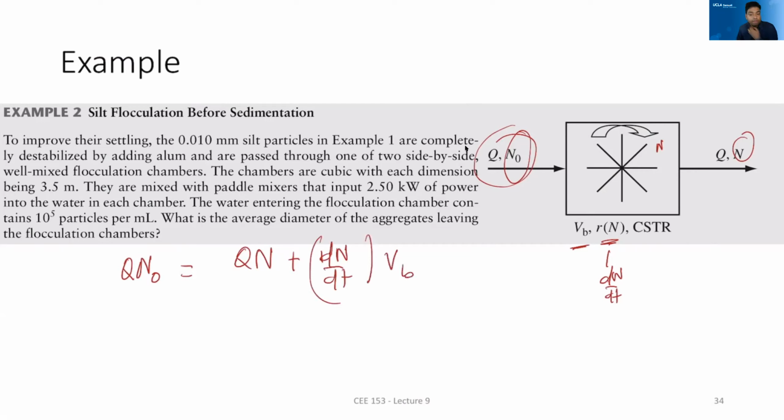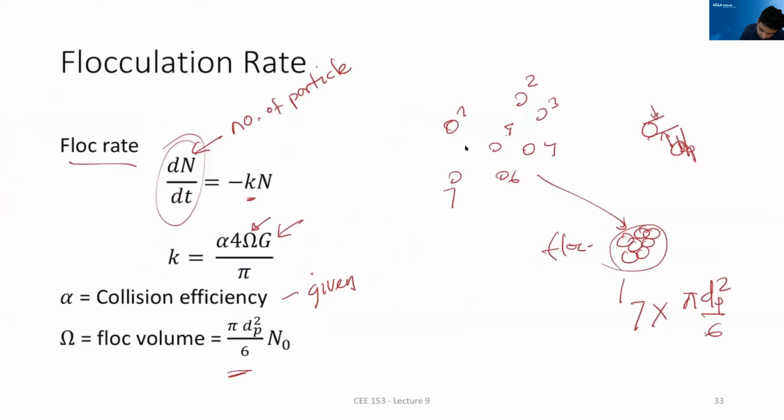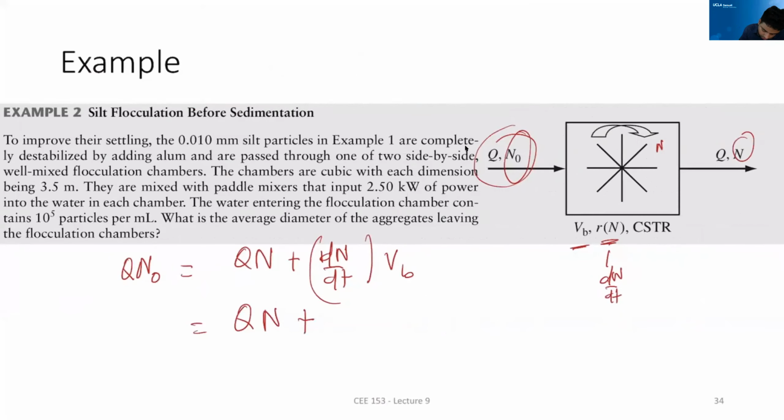Everything reacted plus everything leaving the system must be what's coming into the system. All you have to do is solve for N. This dN by dt is minus kN. Actually, there is a minus term here because it's on the opposite side, and what's leaving the system has a negative term.